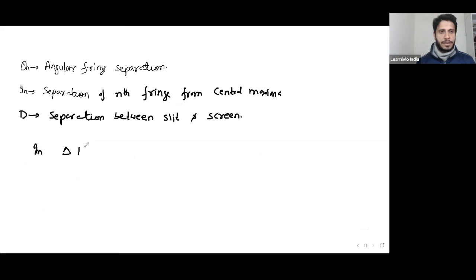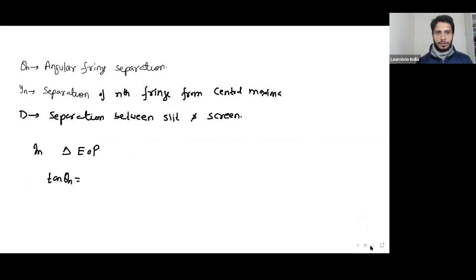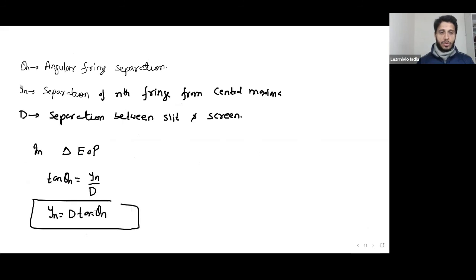Tan theta n is perpendicular, which is yn, divided by base, which is D. So yn is D tan theta n. If theta n, the angular fringe separation, is known, you can easily calculate the linear fringe separation.